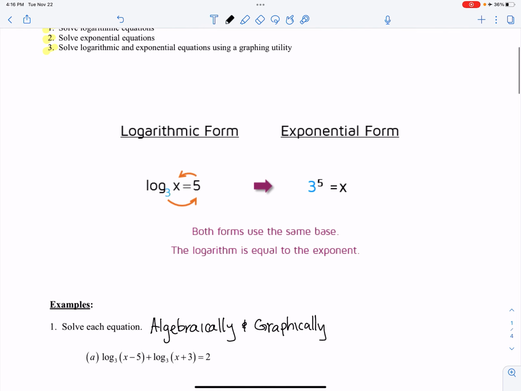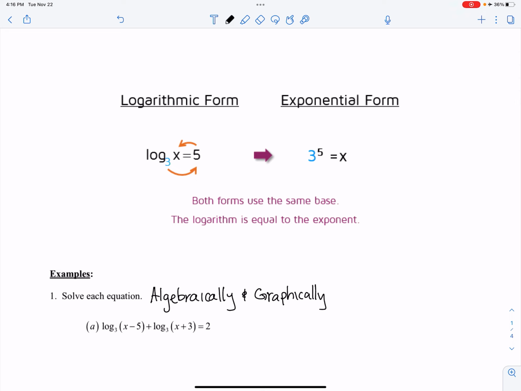The first thing I wanted to cover was just a reminder that our logarithmic form can be rewritten into exponential form. Remember that both forms use the same base and the logarithm is equal to the exponent. So here we can see our base of 3 is our base of 3.